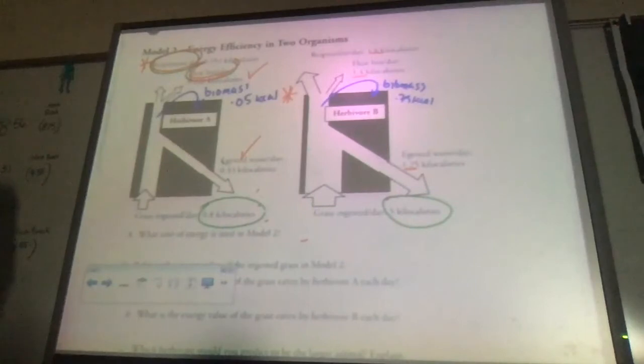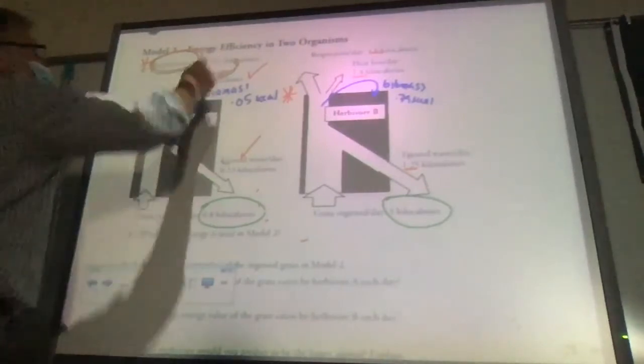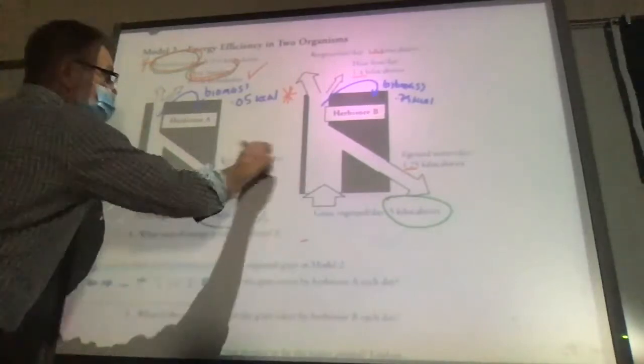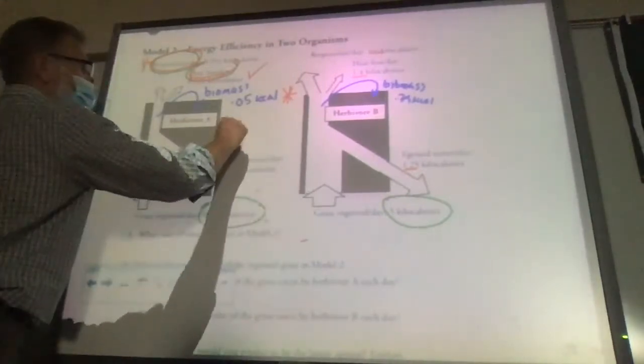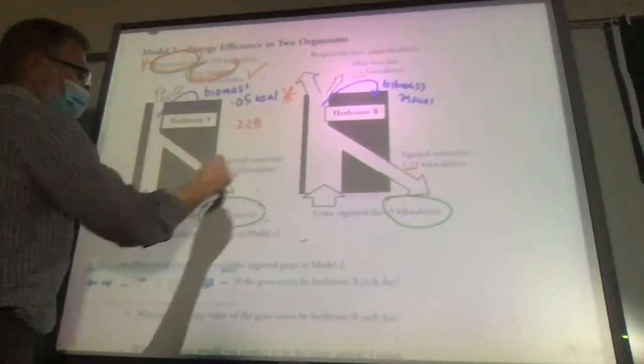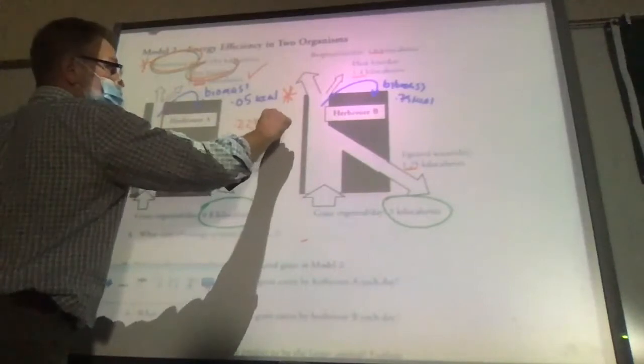So the question is, what percent do we lose? To get the percent we lose, you're going to take the amount that is lost as heat, which is 0.228, and we're going to take the amount we lose as waste product, which is going to be 0.33.